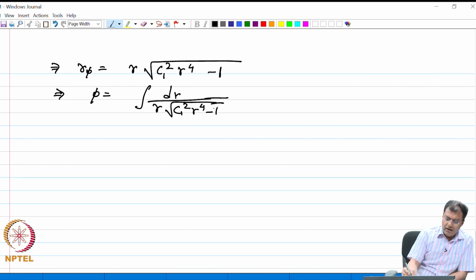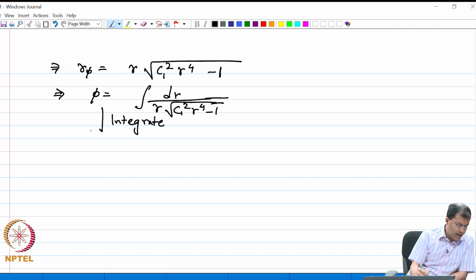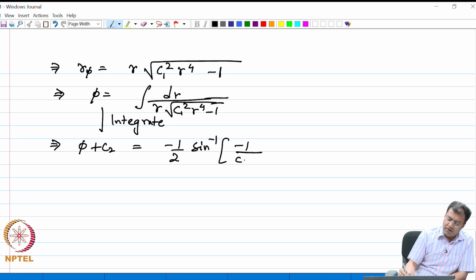Okay. So, we are at a stage now, all we have to do is to integrate this particular quantity, and when we do that, I am going to right away give the answer after the integration. So, we are doing an indefinite integration. We see that the answer is as follows: φ plus C2 is equal to minus half sine inverse of minus 1 by C1 r².